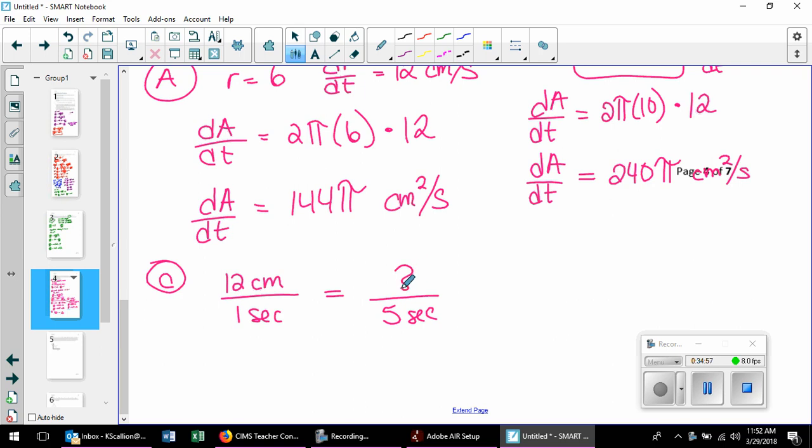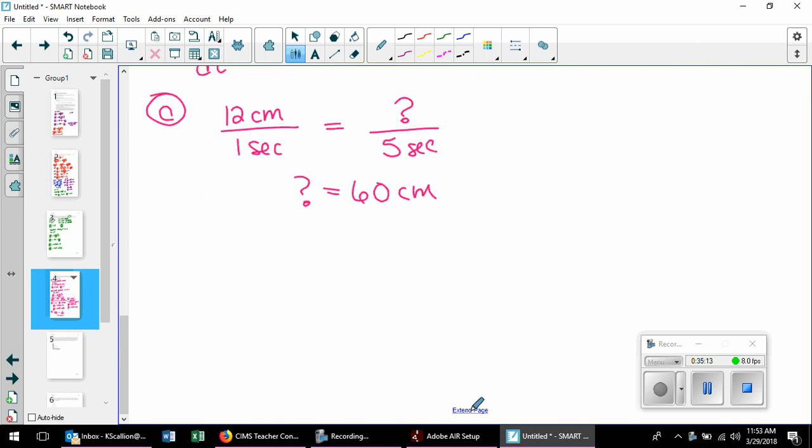So what's happened to the radius? Our question mark is 60 centimeters. It's a distance measurement, and this is our radius after 5 seconds.